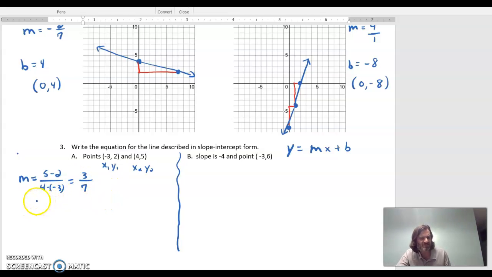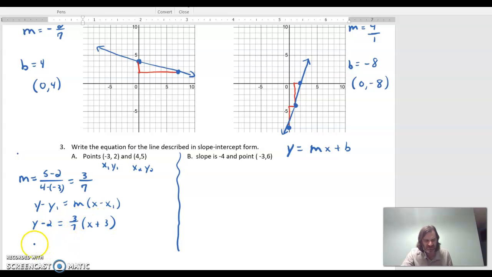So let's use that point slope formula. Y minus y1 equals m times the quantity of x minus x1. So we've identified all these parts. So y minus 2 equals 3/7 times x minus -3. So we'll make that plus 3. So we'll distribute the 3/7.